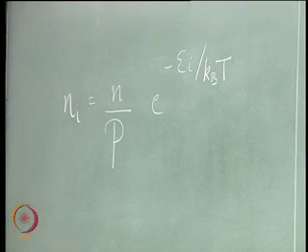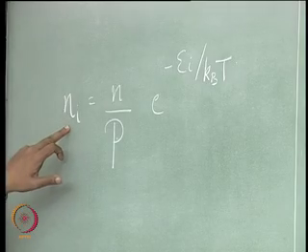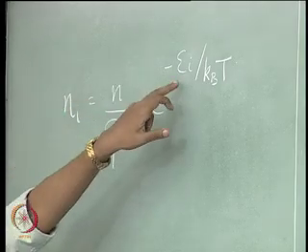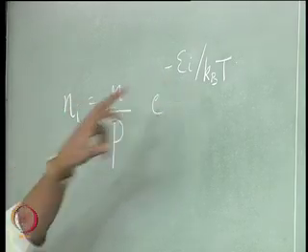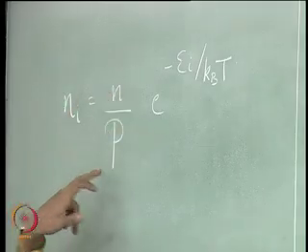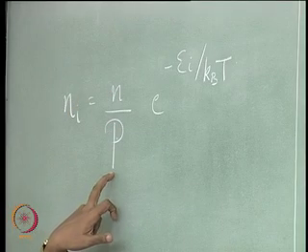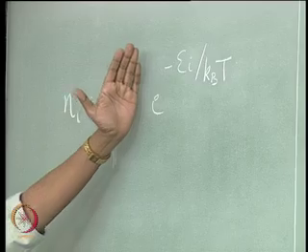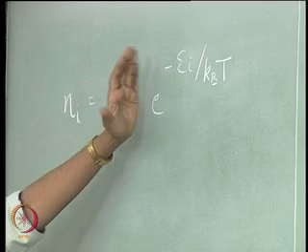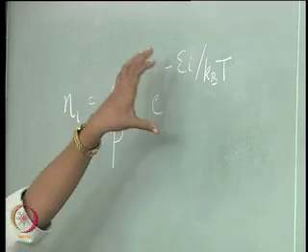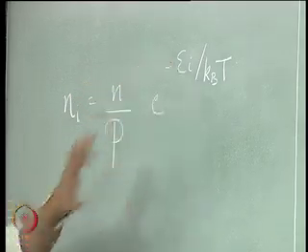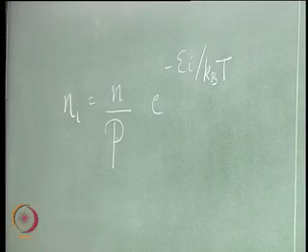Here Ni is the number of particles sitting at the energy level Ei, and N is your total number of particles. P is what we described as the partition function, which is essentially the sum over all the Ei of this term that we see out here. So that is what this works out to.